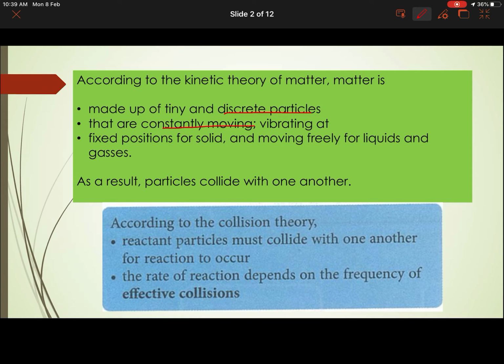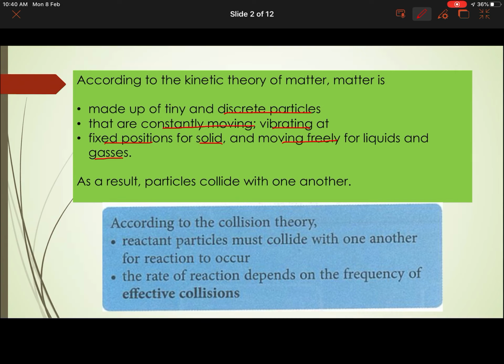For solid, the particles vibrate and rotate at fixed positions. As for liquid, the particles can move freely, and as well in gas. As a result, all these particles collide with one another.